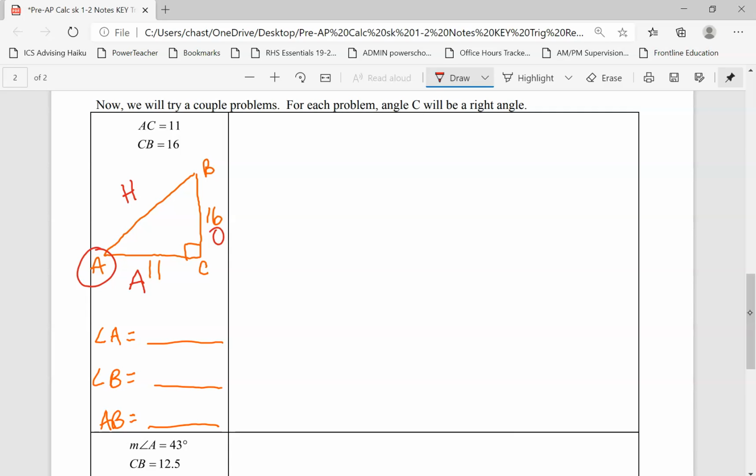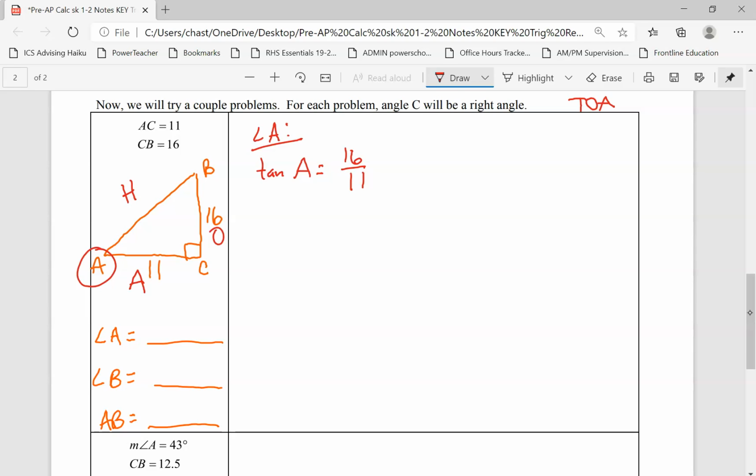So what I'm going to do to find angle A is, let's see, what do I know about O and A? That's TOA. That means I have to use tangent. So I'd say tangent of A is equal to the opposite side, which is 16, over the adjacent side, which is 11.